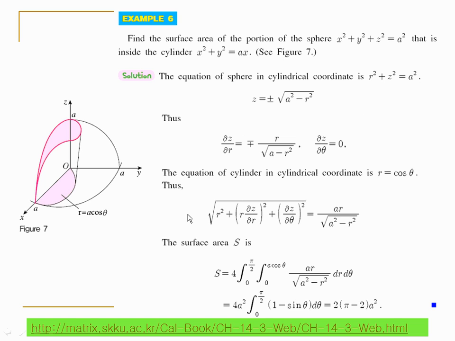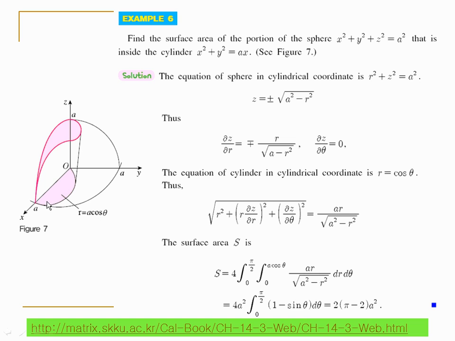And then the formula is replaced with this one from the explanation just before this example. By substituting this in here, we have this function, with r dr d theta, like this.